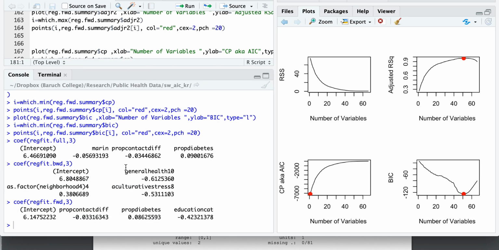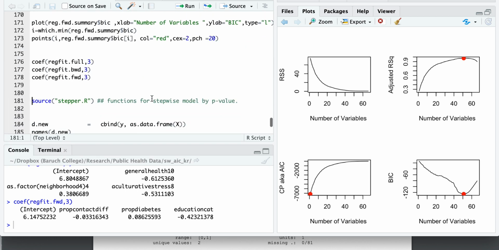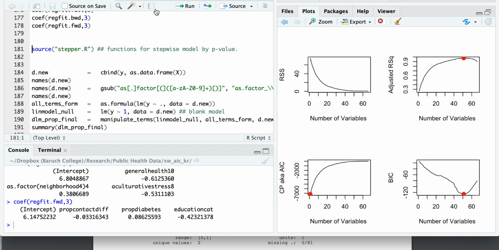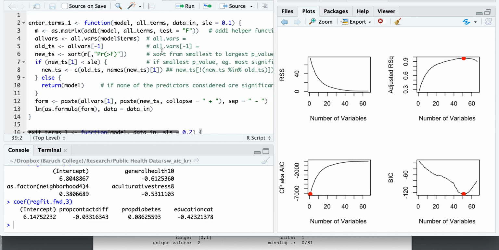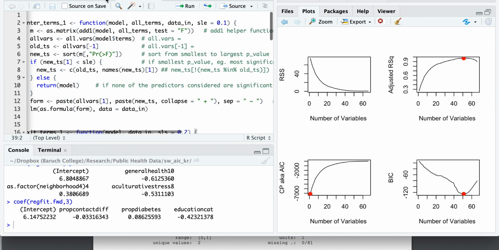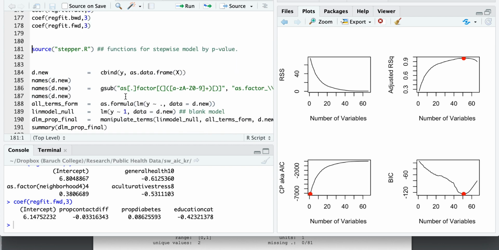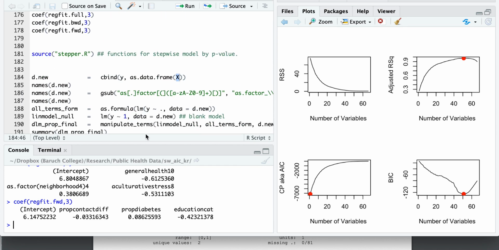And then here we can compare the best 3 variable models for each. Now we use the stepper function, which we introduced last week or the week before. In order to use the stepper function, it cannot work with categorical variables. Therefore, we take the design matrix, which is not categorical anymore.